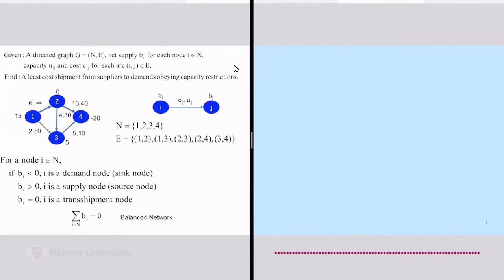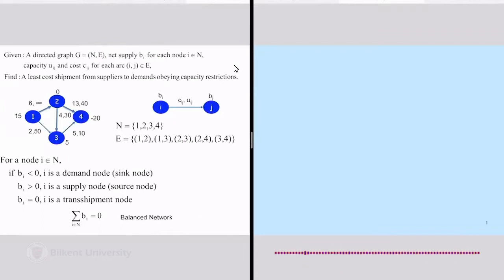So we have a graph, okay, because we can represent our network as a graph. We have nodes of the graph and we have links on the graph, right? So we have supplier nodes, we have demand nodes, and for each arc on that network, there is a cost, right? Because this is a minimum cost network flow problem.